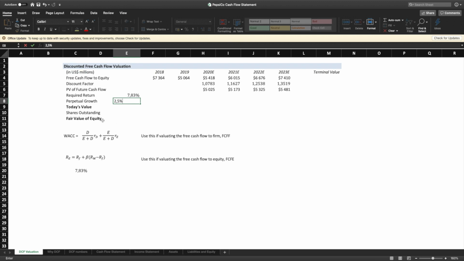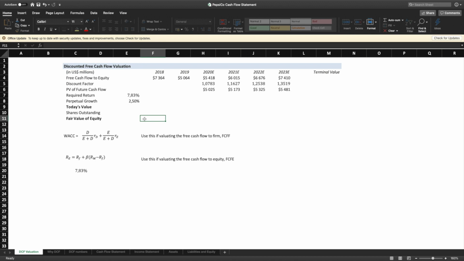That would imply that eventually our stock, PepsiCo, is going to be larger than the market economy, and that just isn't plausible at all for obvious reasons. So we are staying a bit on the conservative side here, if I say so myself, by using 2.5%. This number is in line with the long-term market and the history of the market.